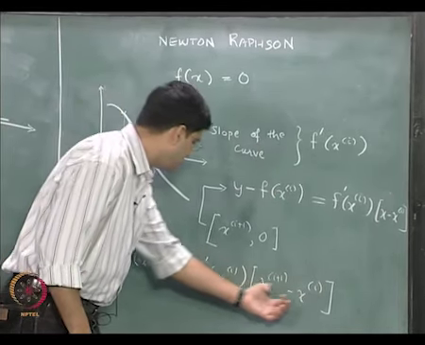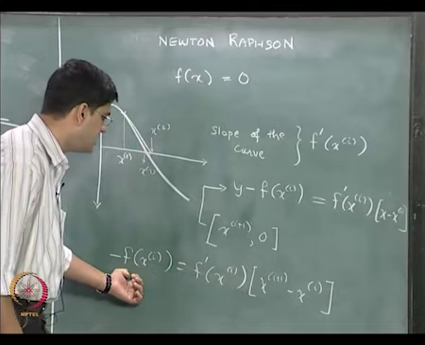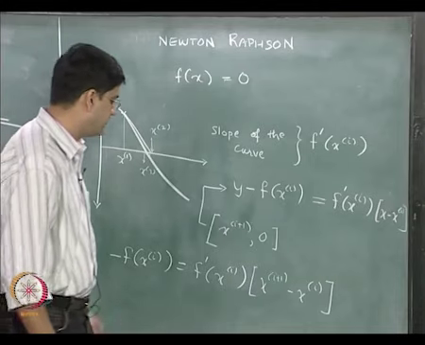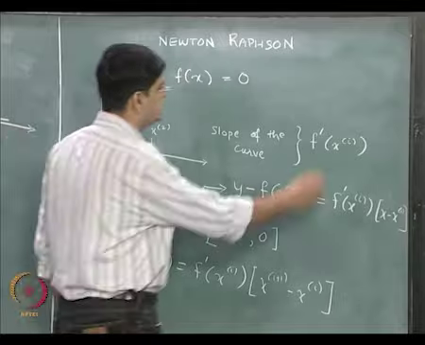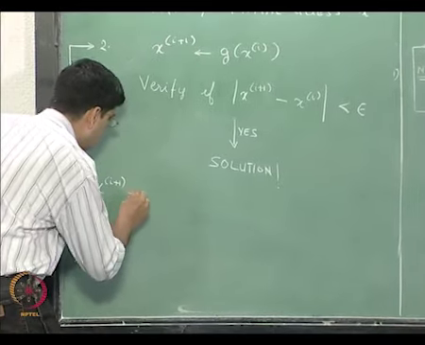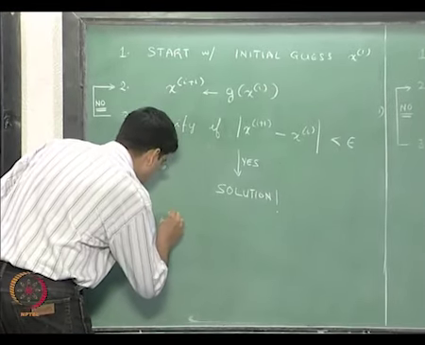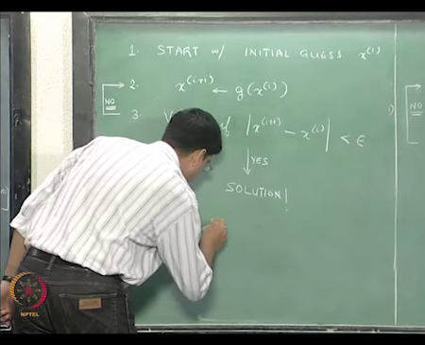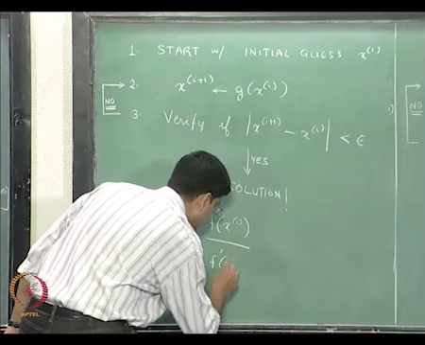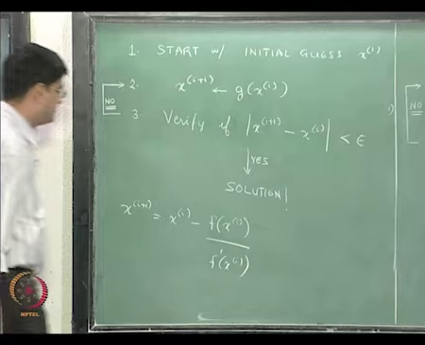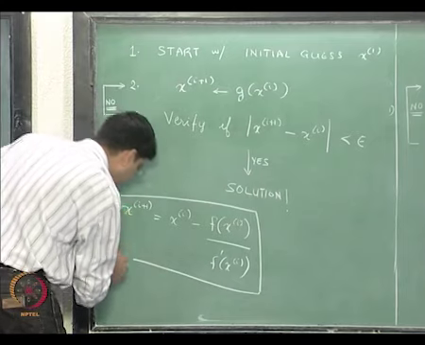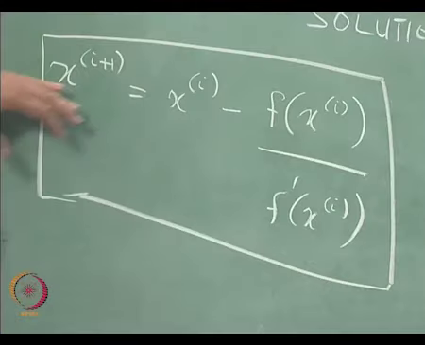So we can divide throughout by f dash of xi, and take xi onto the other side, and the resulting equation is xi plus 1 equal to xi minus f of xi divided by f dash of xi. This is how we are going to use Newton-Raphson's method to come up with the next solution xi plus 1.